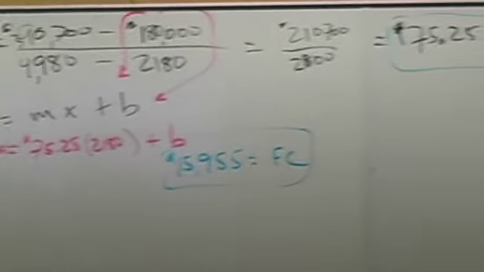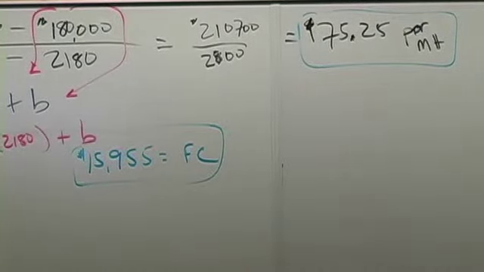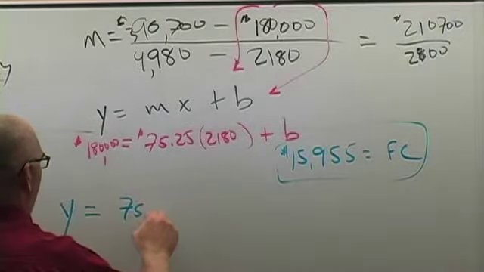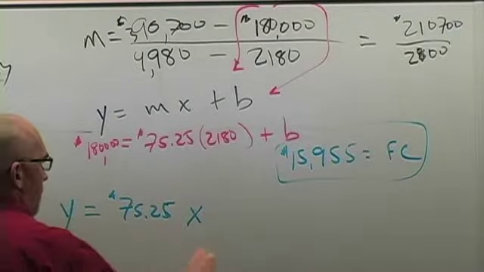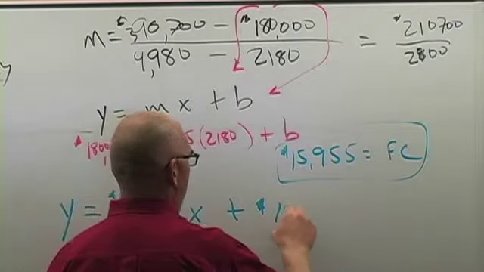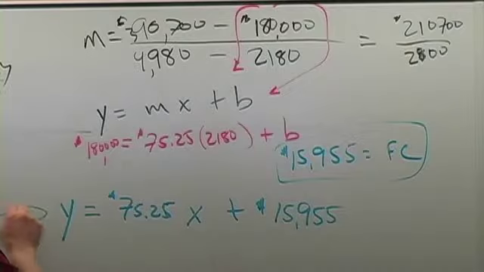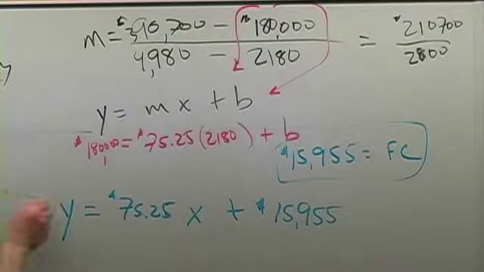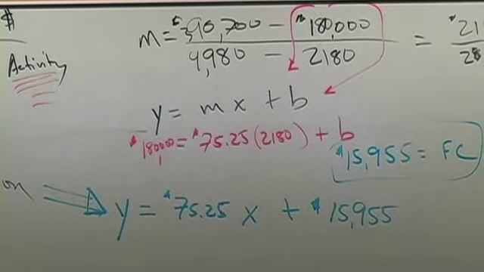We can now create a cost function, which will be in the form y equals mx plus b, where m is 75.25, x, plus $15,955. Let me draw the arrow a little better. Here is what a cost function looks like.